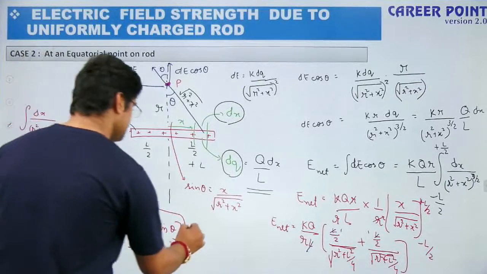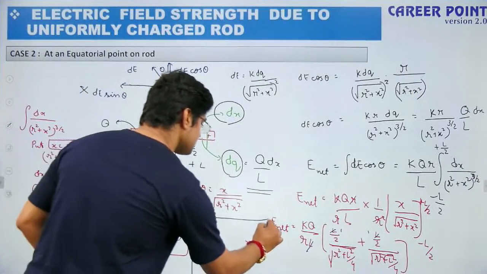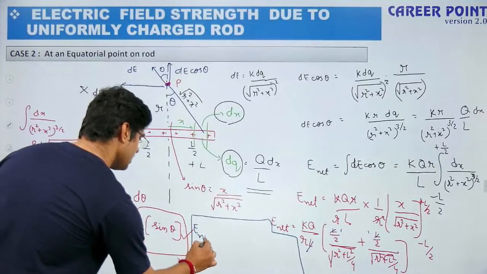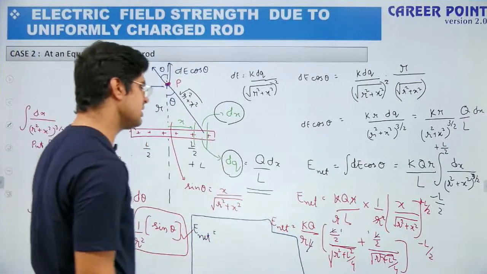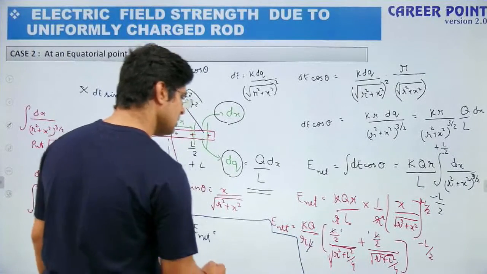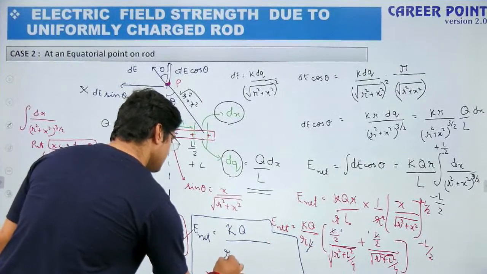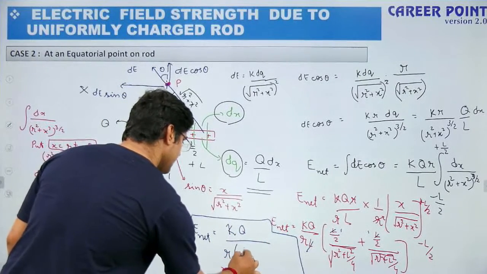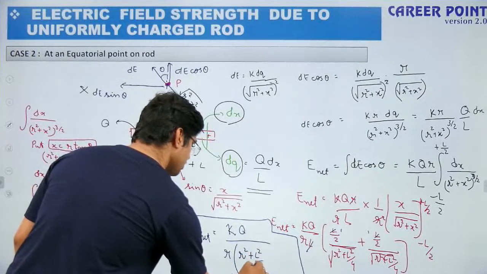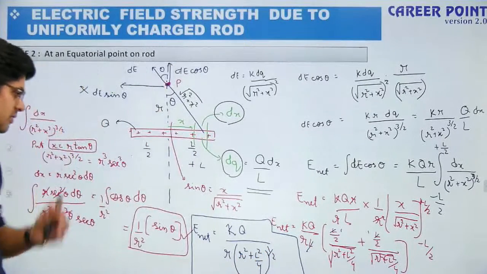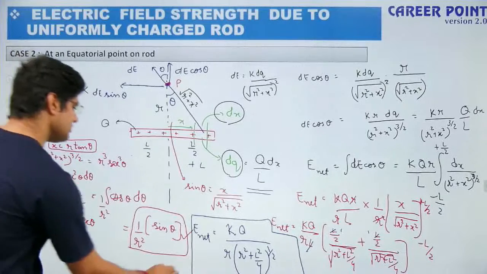How much is it? E net is equal to KQ divided by R into (R square plus L square by 4) raised to power 1 by 2. Okay. So that will be our answer.